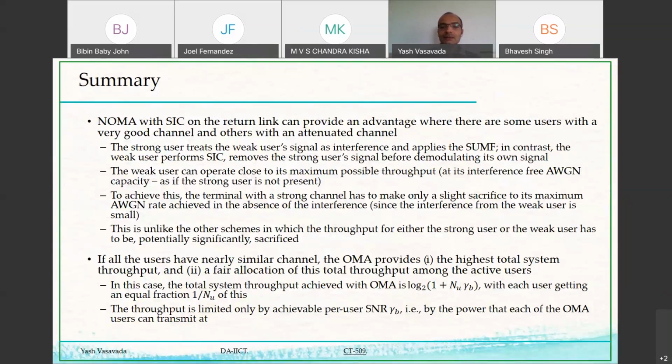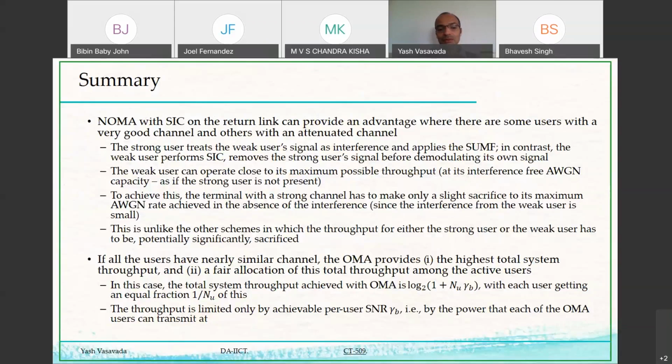If you say that these two users have the same power level, then the case for NOMA kind of diminishes. Then one can say that, well, OFDM is probably okay. You don't have to do NOMA. And the case for NOMA diminishes because OFDM is better in terms of implementation. You don't have to do any interference cancellation because there is no interference.